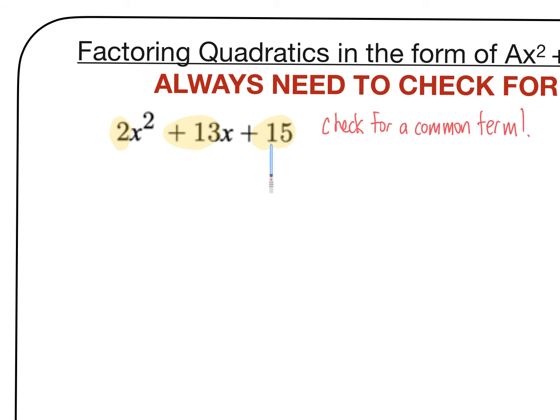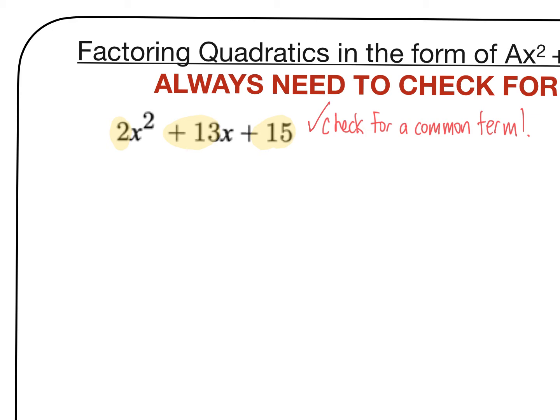The answer is no. And each one of these doesn't have an x to give, because this has 2 x's, this has 1 x, and this has no x's. So therefore, there's no common term. After you check for that, which is, again, mandatory, then you can proceed to the factoring part.